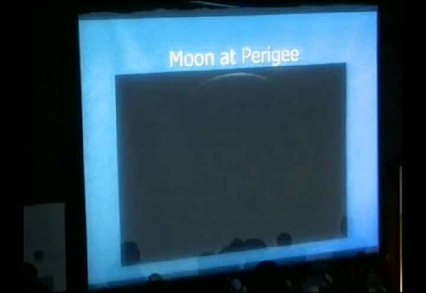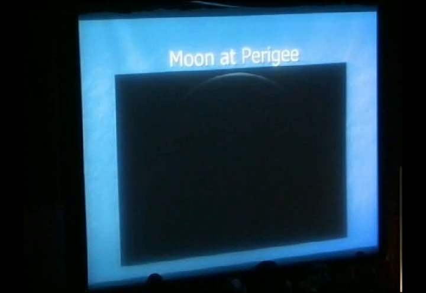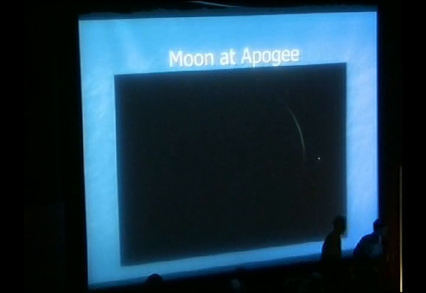And this is the effective distance. This is a crescent at the perigee, meaning nearer to the Earth, I suppose some 356,000 kilometers from the Earth. And this one is the moon at apogee.